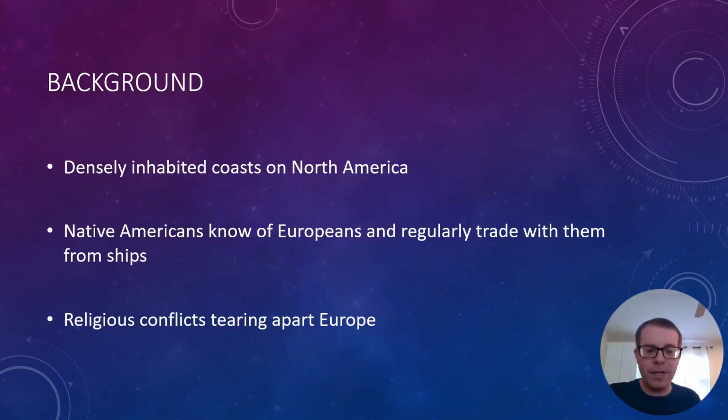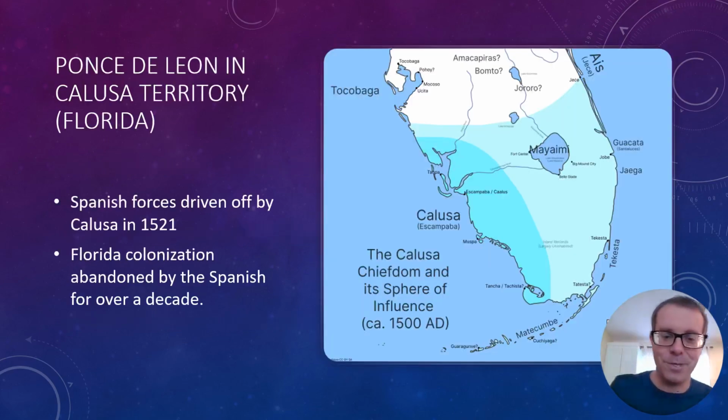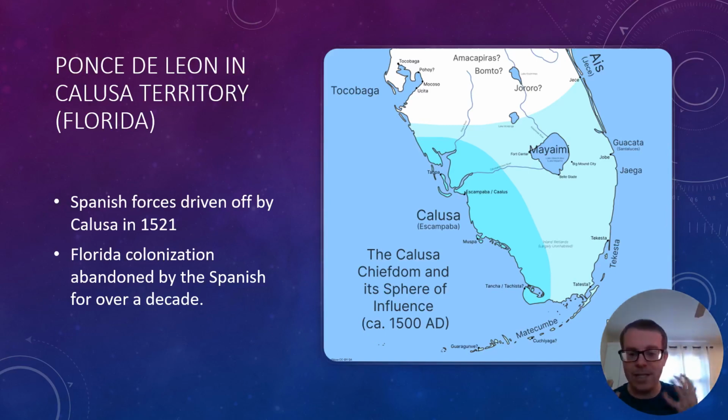So with that background out of the way, let's start our tour of failed colonies in North America in the 1500s. Our first stop of the tour is going to be looking at Florida. Again, around the same time that Hernan Cortez is successfully conquering the Aztec Empire, there is an attempt by Ponce de Leon to set up a colony in Florida.